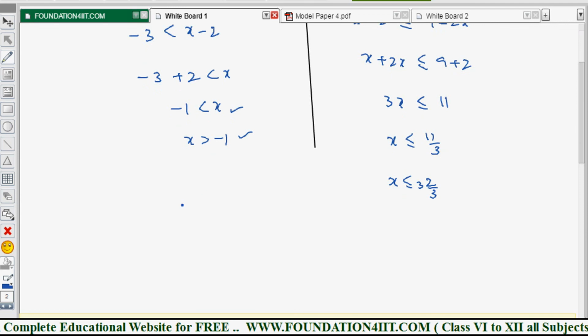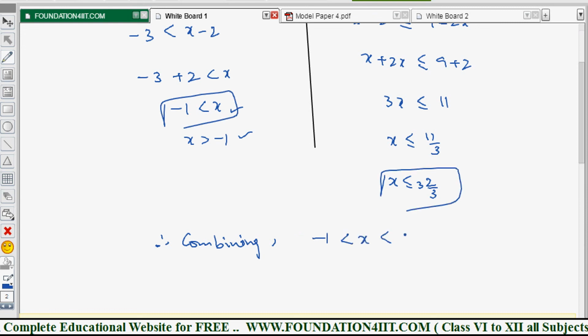This both will combine. So by combining these two inequations, you get -1 is less than x and x is less than or equals to 3 2 by 3. That means x is between -1 and 3. X is less than 3 2 by 3.